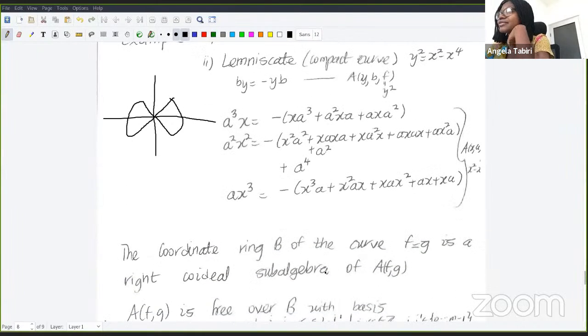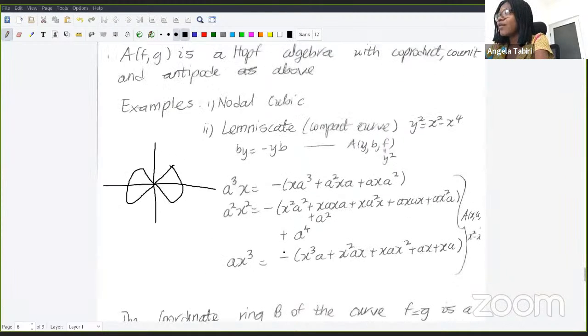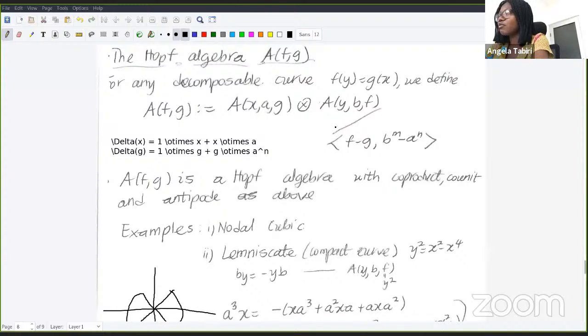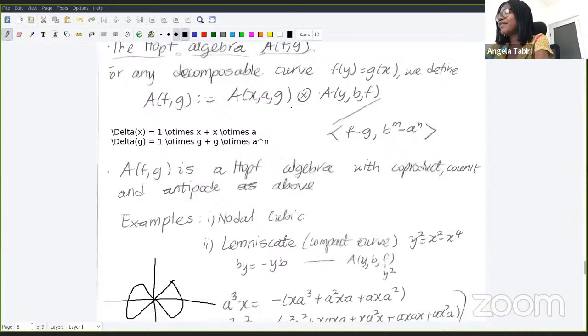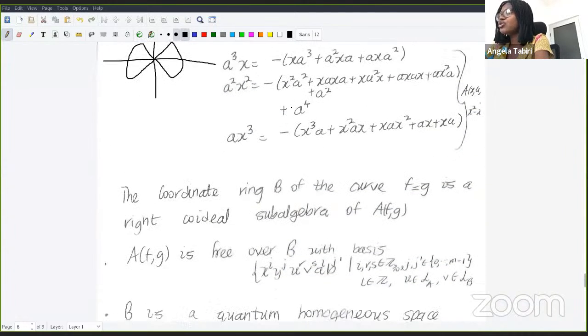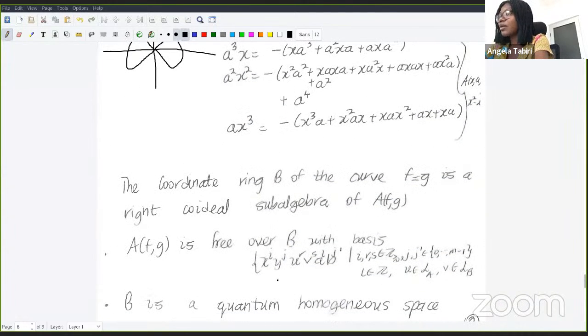So in these, the coordinate ring of any decomposable plane curve will be a right coideal subalgebra of this Hopf algebra AXAG. But for the faithful flatness property, we use Bergman's diamond lemma. So how? We want to find a basis of this over your coordinate ring. So we try to pull the x and y variables to the left-hand side, because we can do similar with the right-hand side.